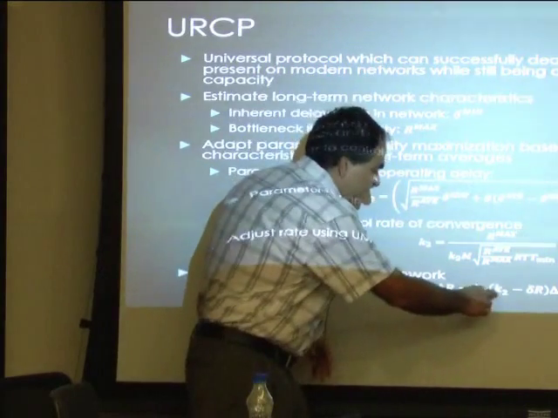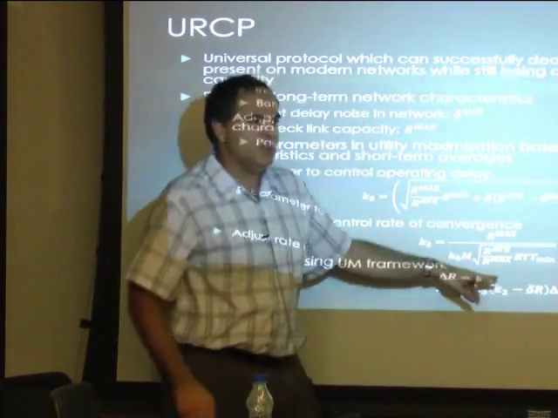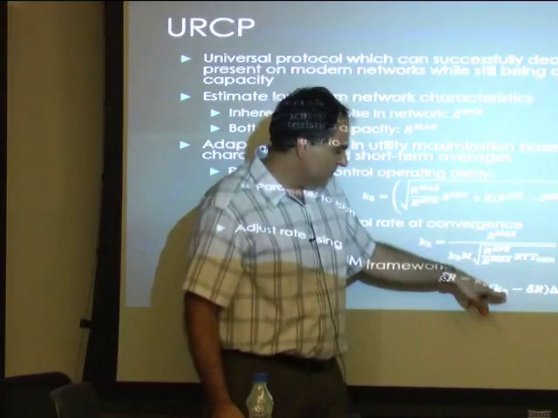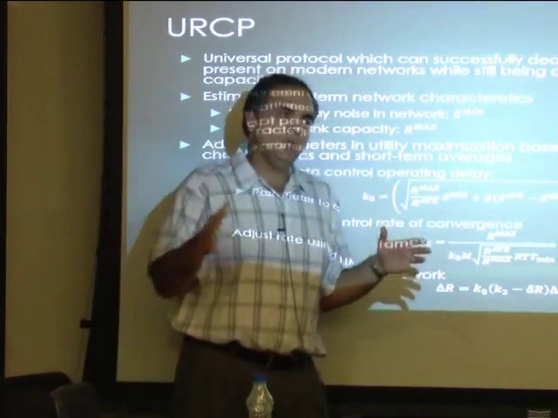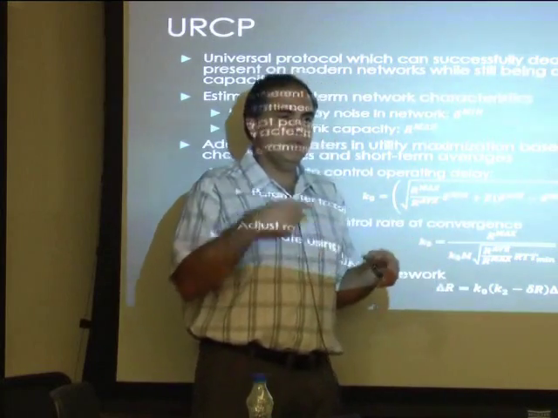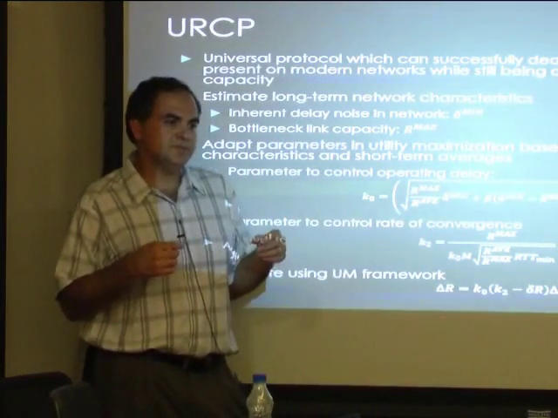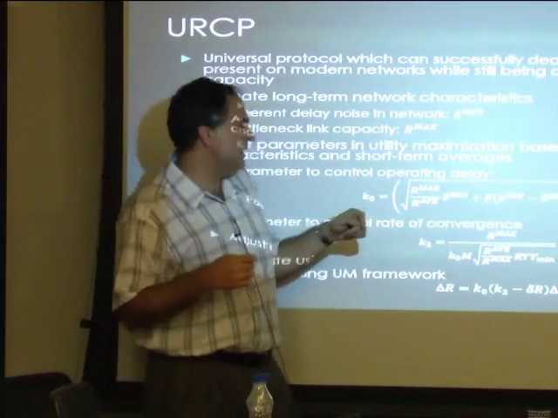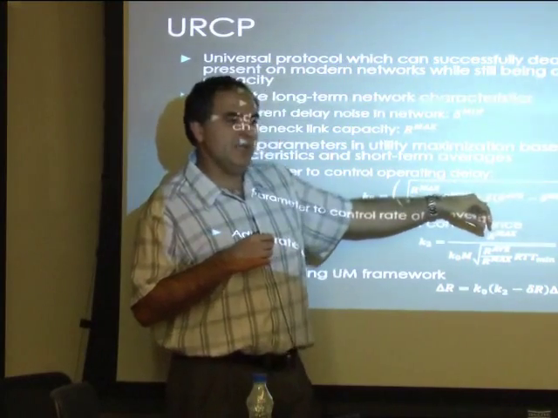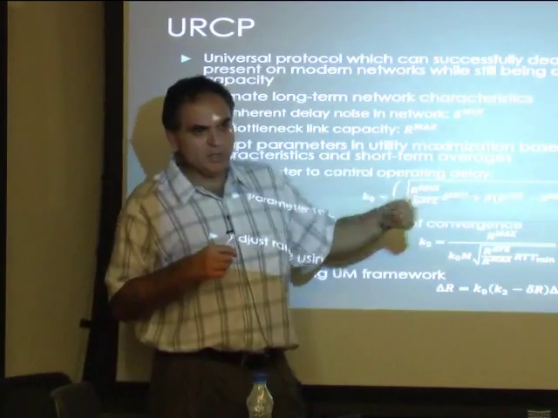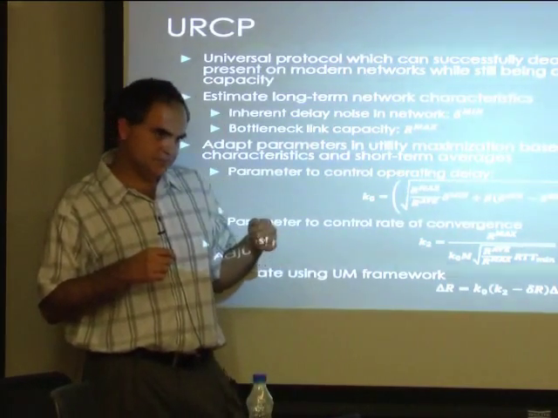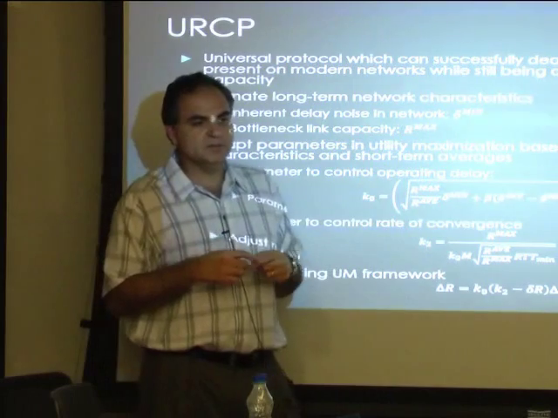Actually this is flipped; this should be K2, and K0 should be on the inside. Once K0 increases, you automatically push the operating point further and further out so that you can compete with TCP. And once TCP leaves, because of the way this beta is chosen, there's always a downward pressure to bring the operating point back to low levels.